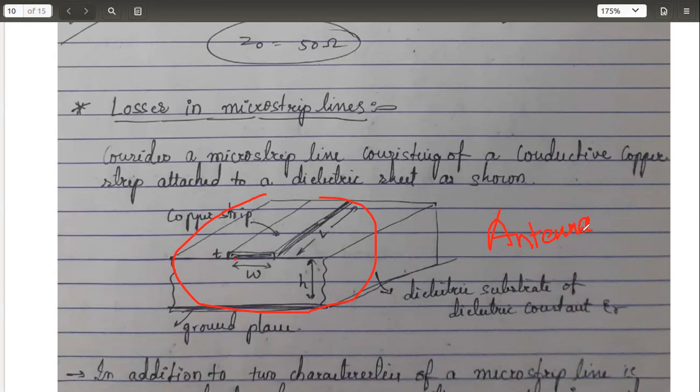If you do a Google search and simply type microstrip, sometimes you get the details about microstrip lines, sometimes about microstrip antennas also. This is because of its construction: at microwave frequencies, these microstrip lines behave like an antenna, so they radiate. So the third type of loss in this microstrip line is radiation losses.